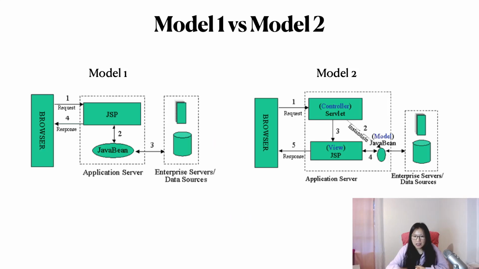So here I have a diagram to show you Model 1 and Model 2. Let's talk about these two models from the history. As we know, the first Java technology for server side code is the servlet.